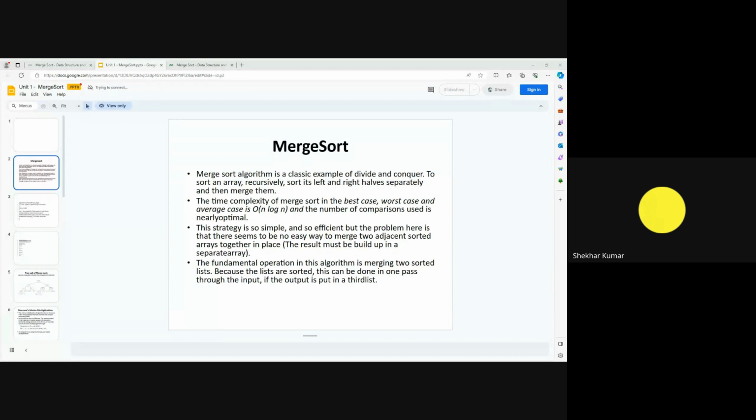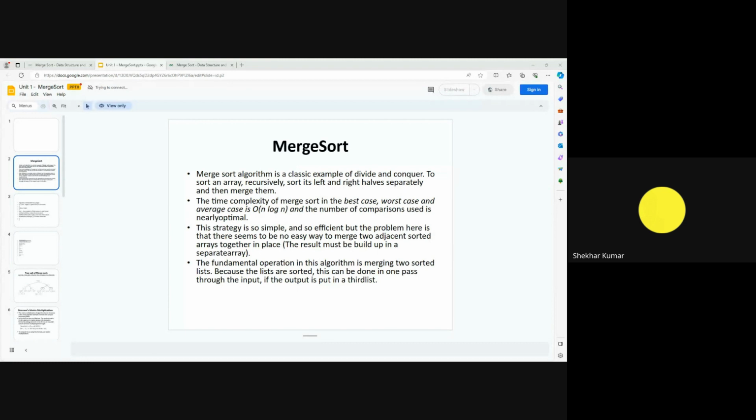There are some reasons to learn the merge sort algorithm. It uses the divide and conquer approach. It is one of the fastest sorting algorithms that works in order of n log n time.